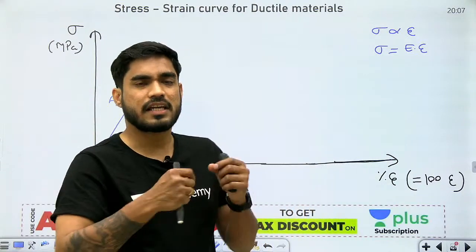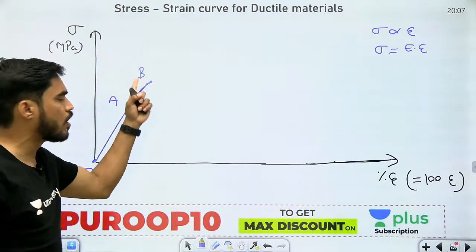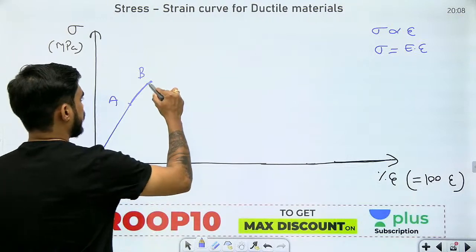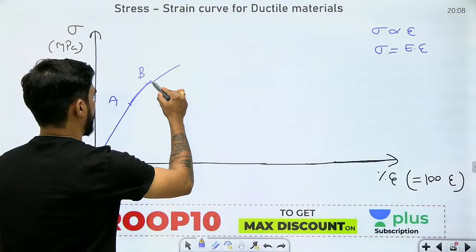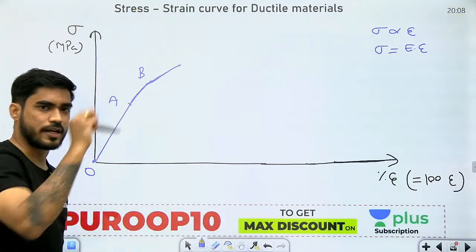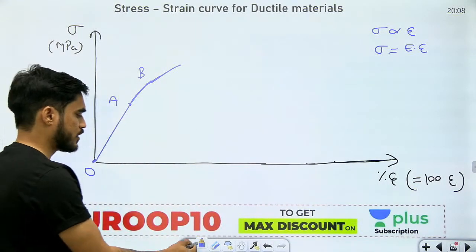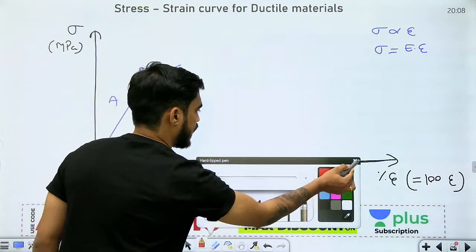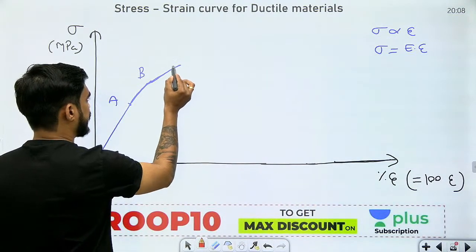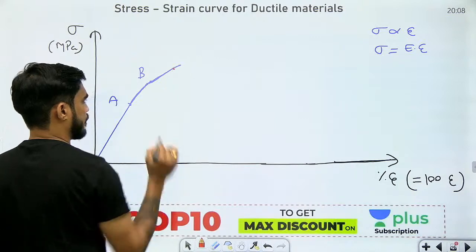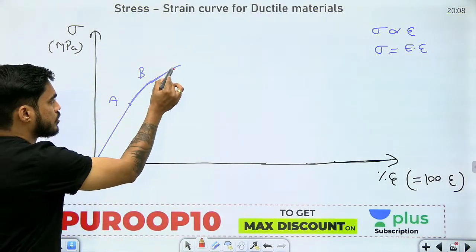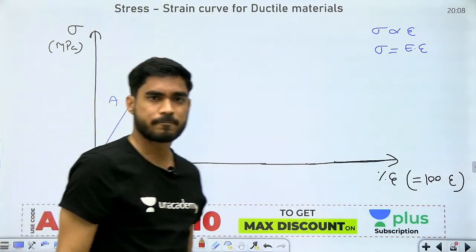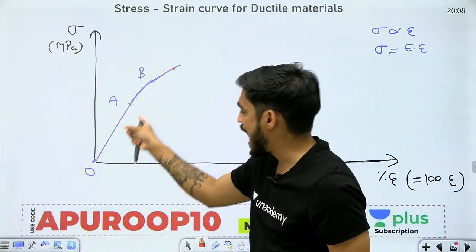Now, if I increase the load beyond this point, there will be plastic deformation. And if there is plastic deformation, what is going to happen? Understand it. Let's say I have applied the load up to this point, and I have removed the load. If I remove the load, the material will come back to this.